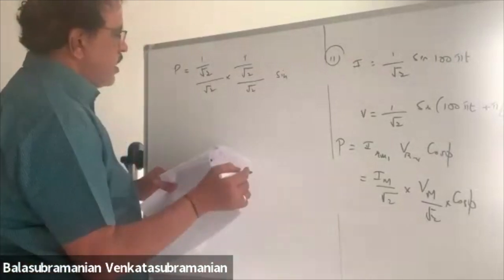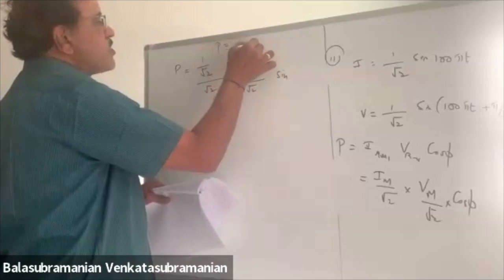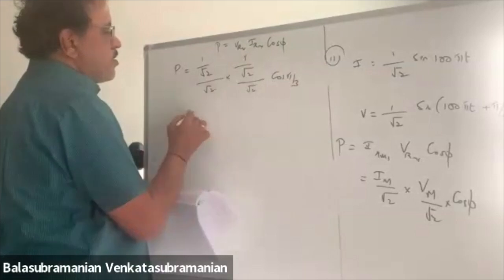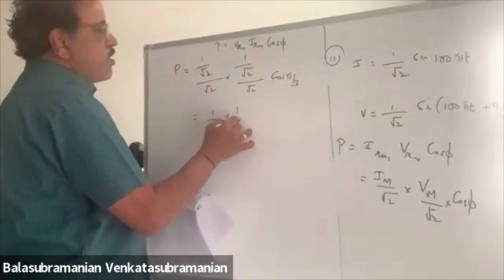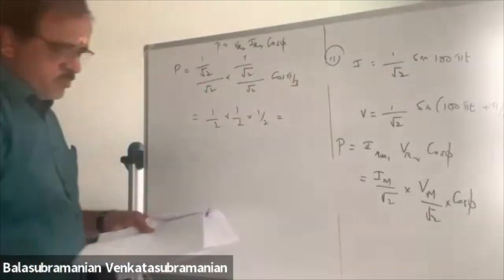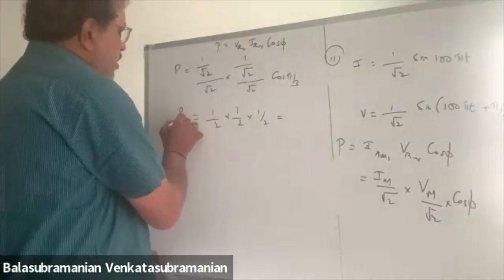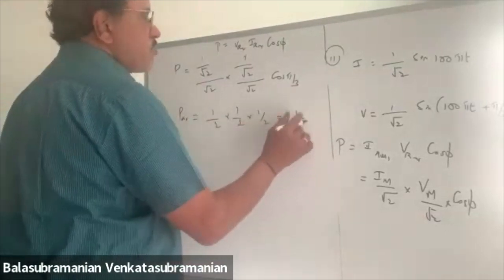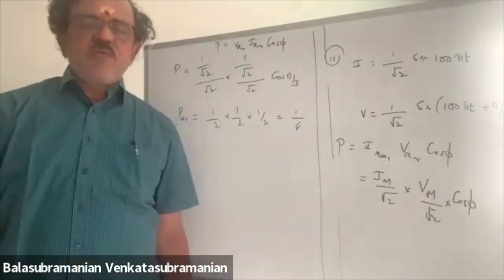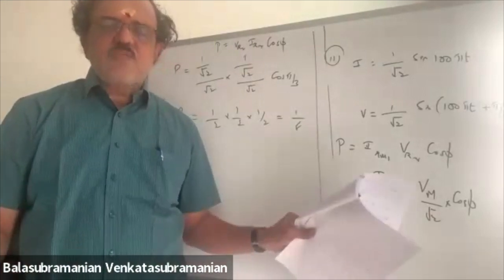Power factor formula: P is equal to VRMS IRMS cos phi. So cos pi by 3, that is cos 60, that is also 1 by 2. So the answer is average power is 1 by 8. Correct? A slightly big problem because so many quantities we have to calculate. Easy, simple substitution only. That's all.